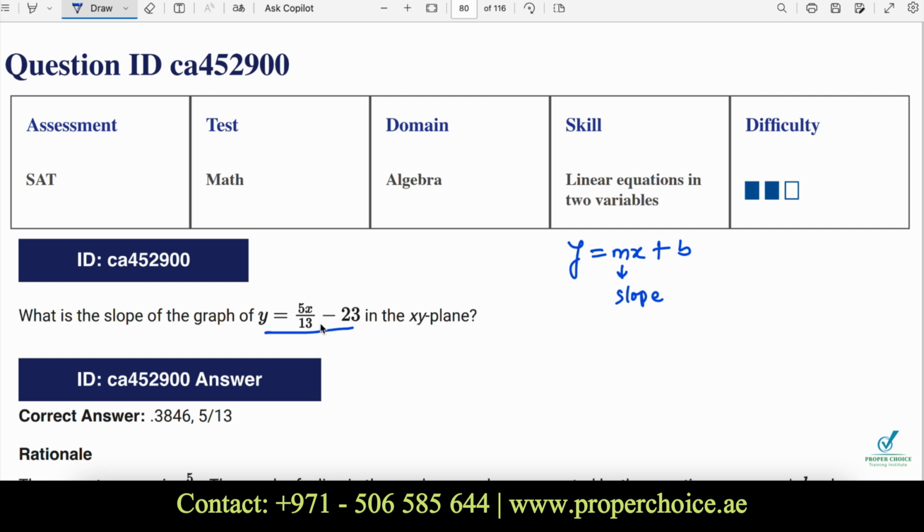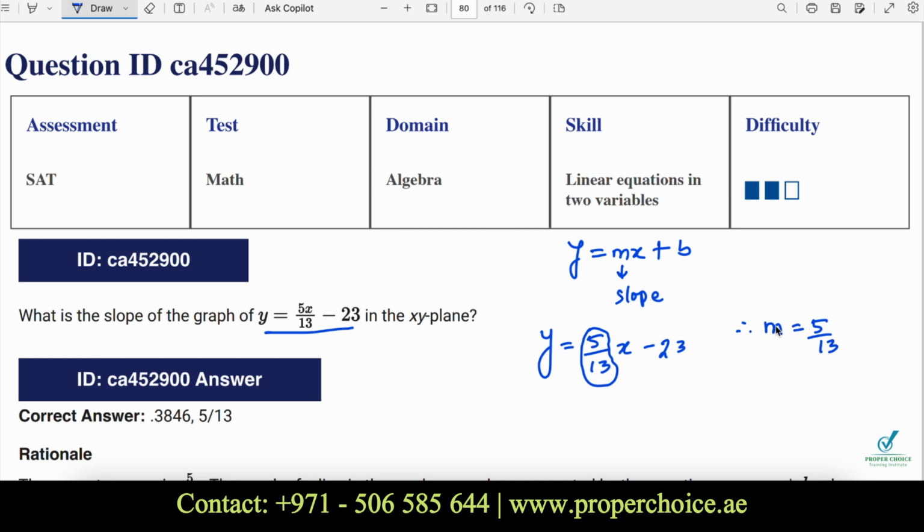So in our case, what is the coefficient of x? This equation can also be written as y equals 5 by 13 x minus 23. So anything which is the coefficient of x is the slope. In our case, the slope is going to be 5 by 13 or its equivalent value in decimal.